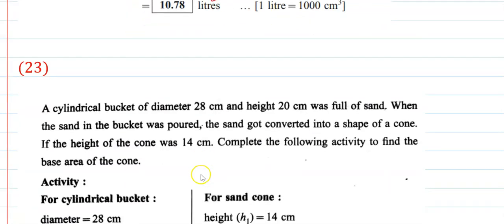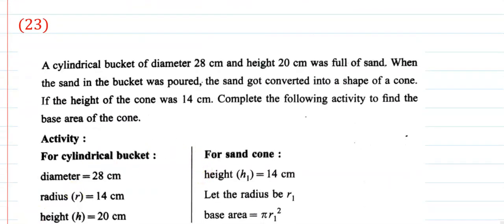Now the next: a cylindrical bucket of diameter 28 centimeter and height 20 centimeter was full of sand. The sand in the bucket was poured out, and the sand got converted into the shape of a cone.